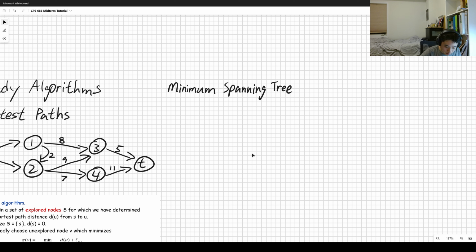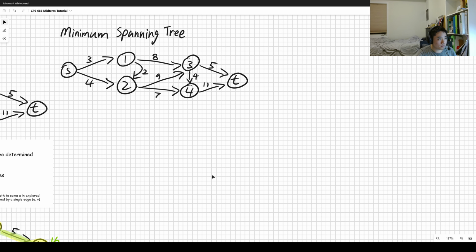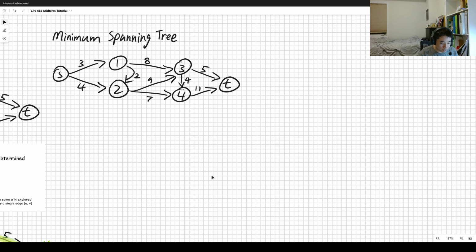I'm going to give you the same network, and I will also make some modifications. So we're given some kind of network, and I'm going to keep picking.